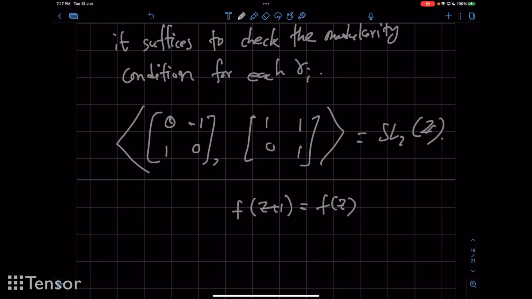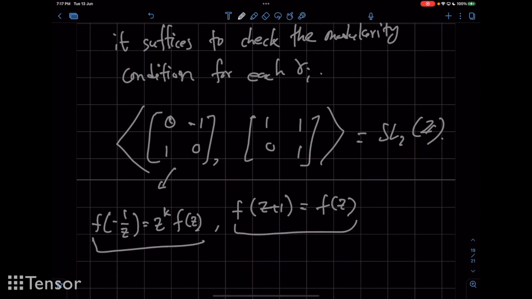And the functional equation for this one is, I think, minus 1 over z: f of minus 1 over z equals z to the k f of z, right? So once we have proved that SL2Z is generated by these two elements, then we can redefine a modular form as satisfying only these two functional equations. So life gets a lot easier then.